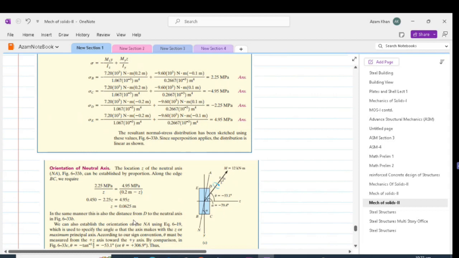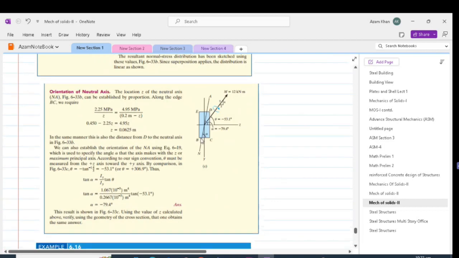We can do the same exercise to find our distance y. And from there, we can work out our inclination alpha.